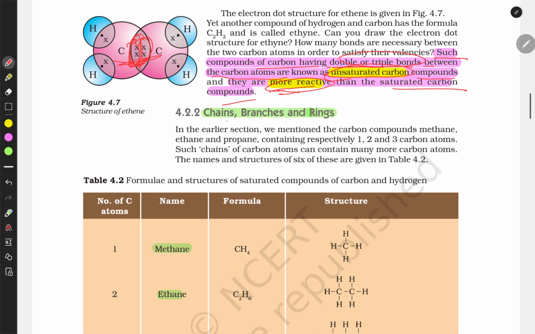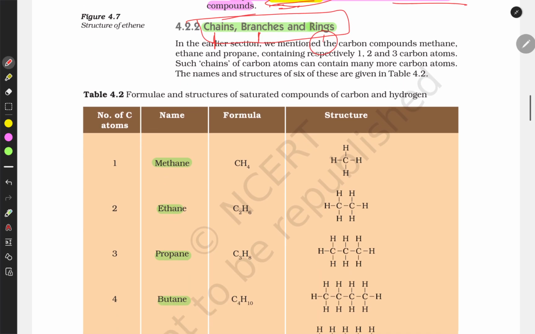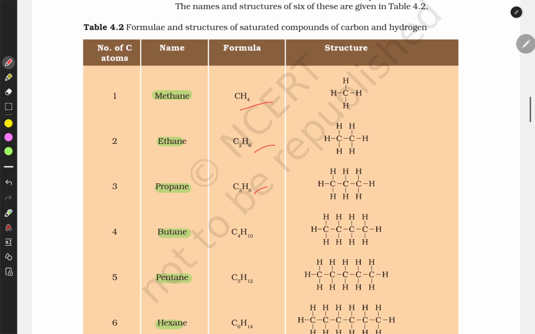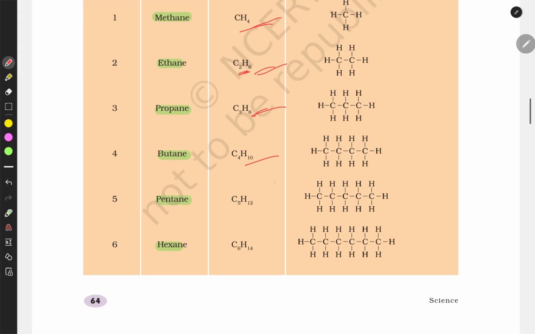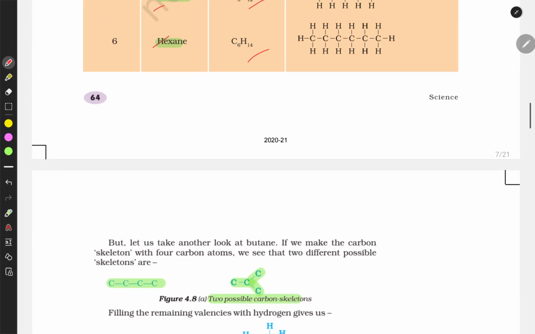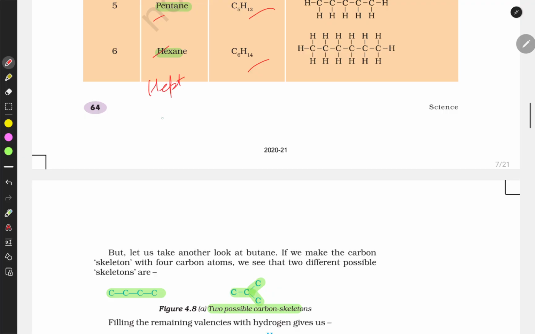And carbon forms bonds in 3 types. One is chain, one is branches, and another is rings. Methane, ethane, these are the names. Like CH4 is called methane, then 2 carbons is called ethane, then propane, butane, pentane, hexane. 1 is meth, 2 is eth, 3 is prop, 4 is but, pent, hex, then hept, oct, non, dec.